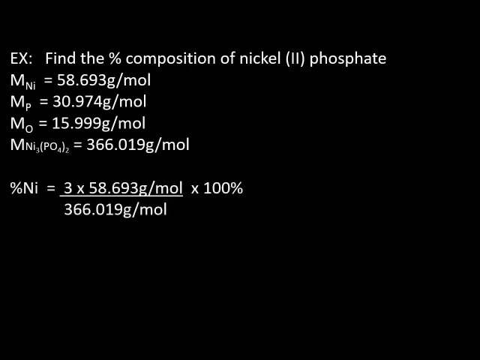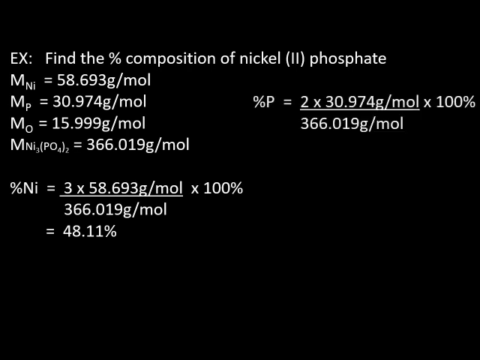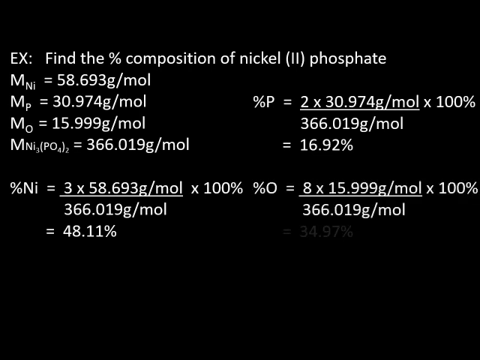And so percent of nickel works out to 48.11%. Percent of phosphorus works out to 16.92%. Oxygen, 34.97%. Okay, hopefully you got those values.